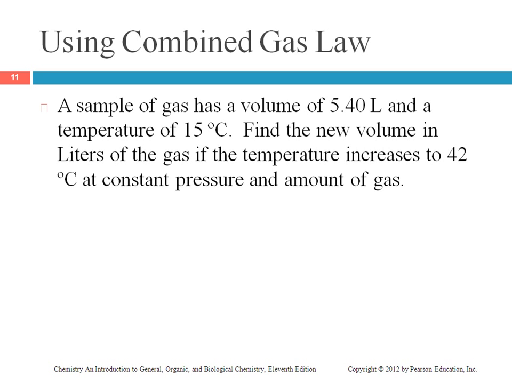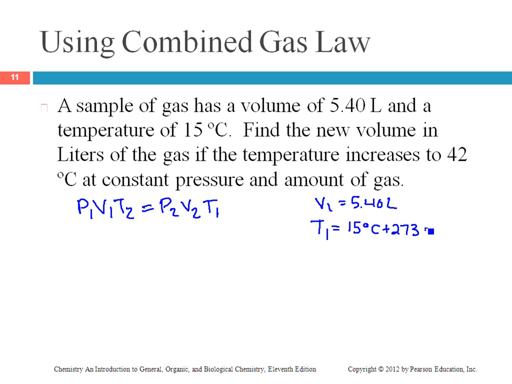Okay, but if you didn't want to go through and memorize all of these, you could just write out your handy-dandy P1, V1, T2 equals P2, V2, T1. Okay, so if we look here, we've got V1 is 5.40 liters, and T1 is going to be 15 degrees C plus 273, so that will give us 288 Kelvin.